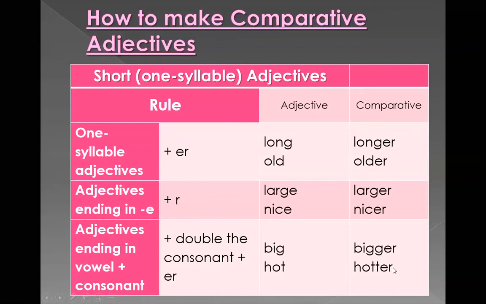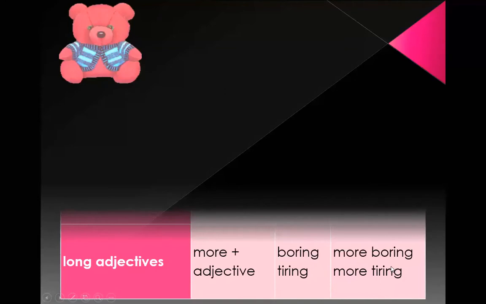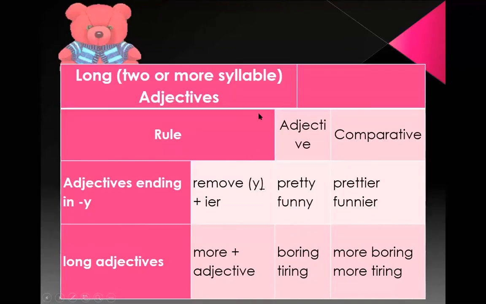We are still in the comparative form. If we have a long adjective, two or more syllables, which means parts, we add to the adjective before it more.